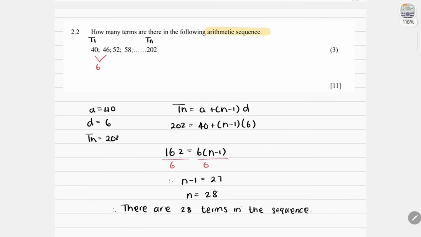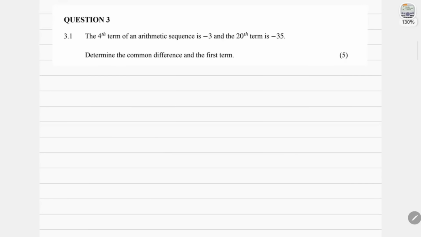And that is it for question 2. Question 3.1 says, the fourth term of an arithmetic sequence is -3, and the 20th term is -35. Determine the common difference and the first term. Okay, so they're giving you 2 pieces of information, and we have to use this.